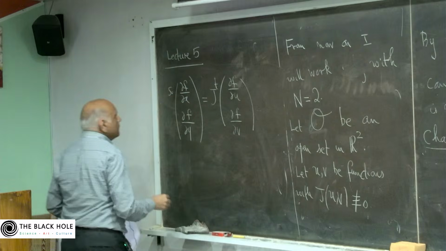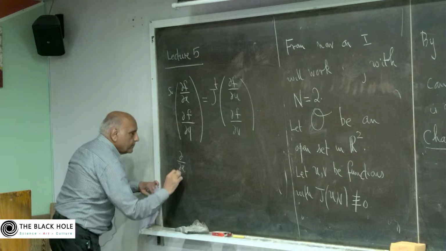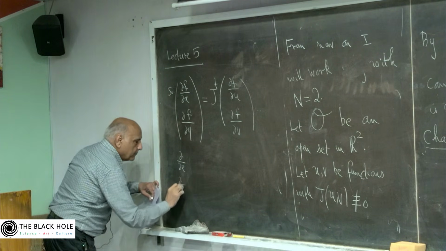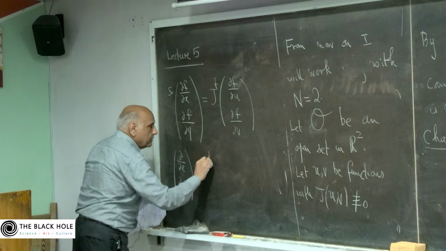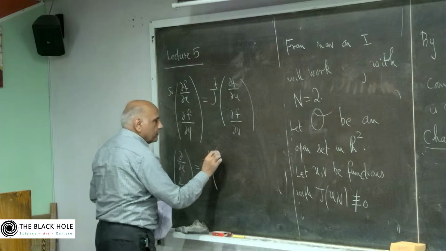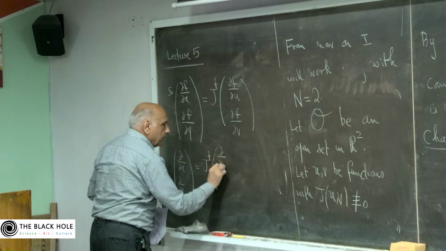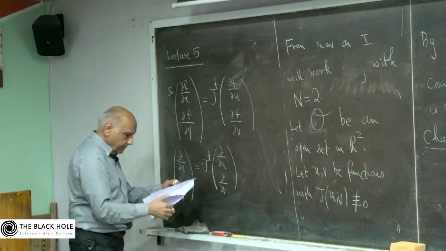What is this matrix? This is J transpose. So partial by partial x, partial by partial y is the transpose of the Jacobian times partial by partial u, partial by partial v, and this will be very useful when we solve PDEs.